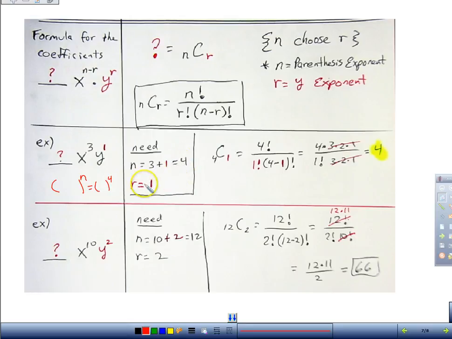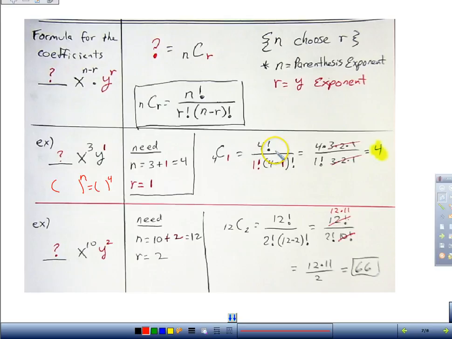The other thing that we need to use this formula is r. And r, the way I defined it again, is the y exponent. So r is 1. So we're going to find 4 choose 1. We plug them into this formula, 4 factorial over 1 factorial times 4 minus 1 factorial.